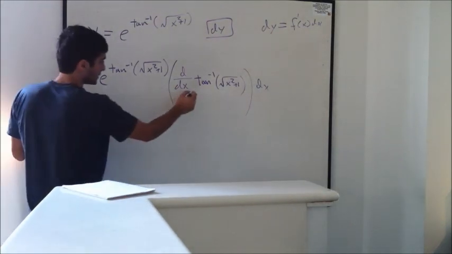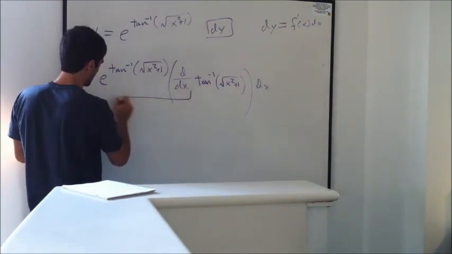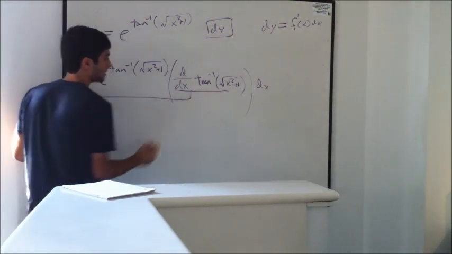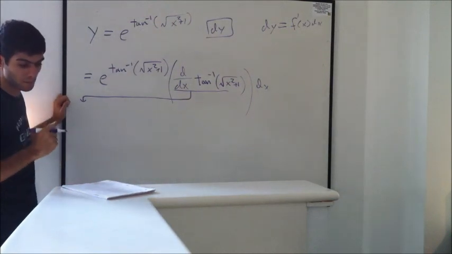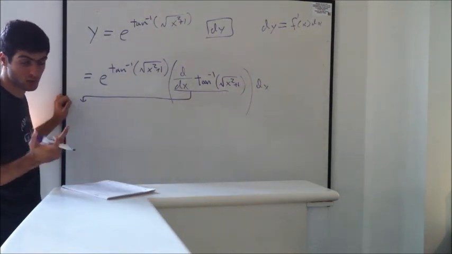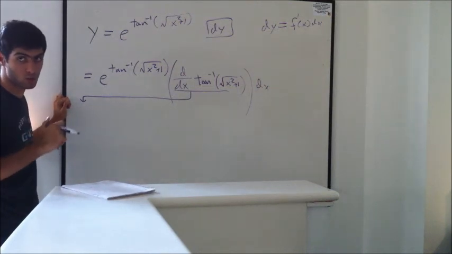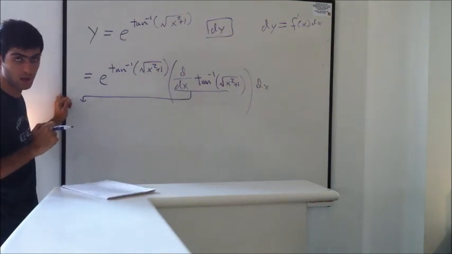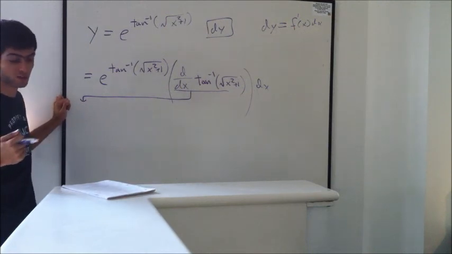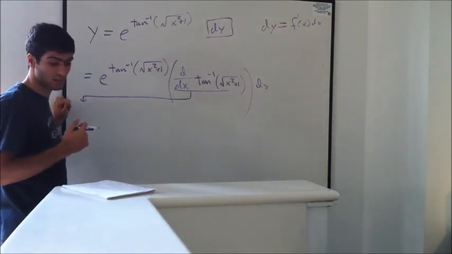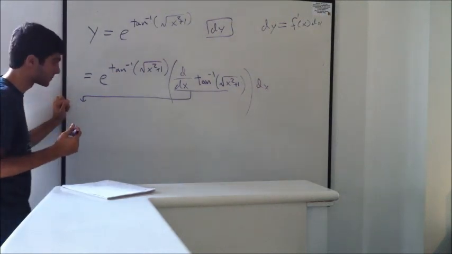Well, to find the derivative of this, we're going to use the chain rule again. And you can either memorize this or use the formula that we have for the derivative of an inverse. You would find that the derivative of tangent inverse is 1 over 1 plus x squared.